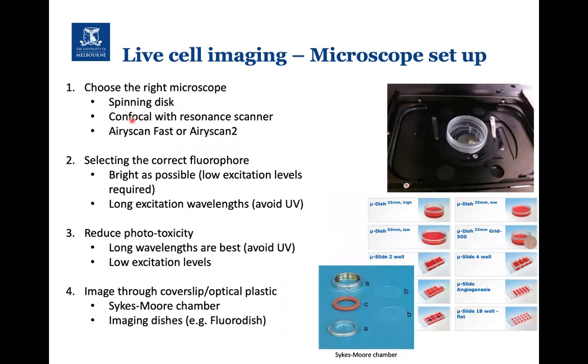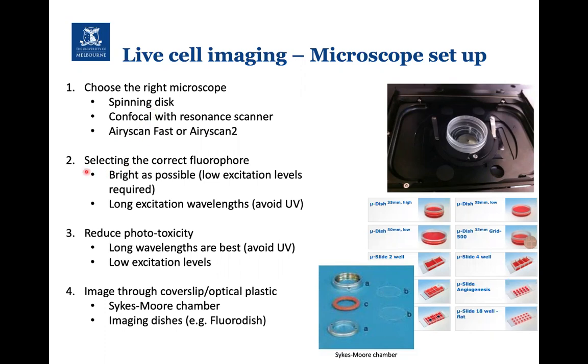If you have a confocal microscope with what's called a resonance scanner, which can scan across your sample extremely fast, that again is very, very gentle on the imaging. And we also have some of the AiryScan systems, which allow you to also scan very fast in multiplex mode. I'd say the system I probably should have added in here was the lattice light sheet that we briefly discussed on Tuesday. And again, that is very gentle on your samples.